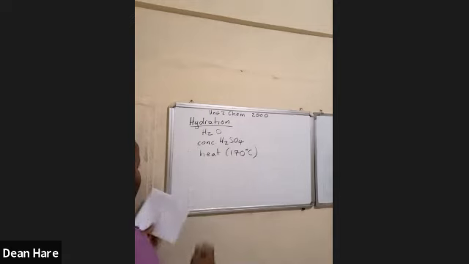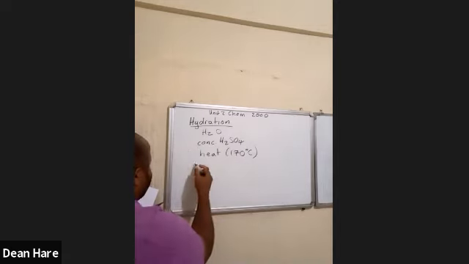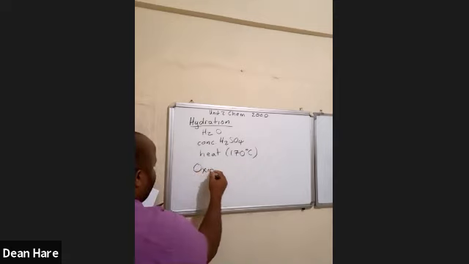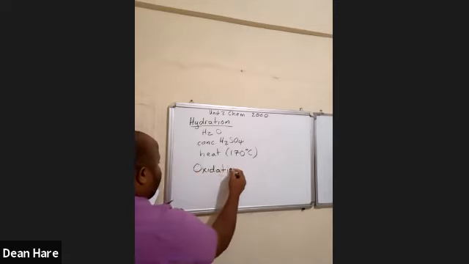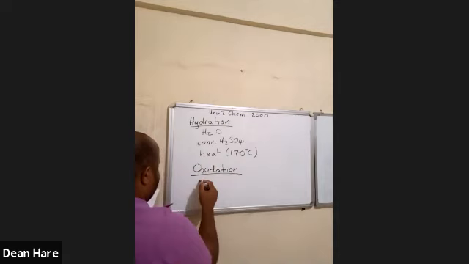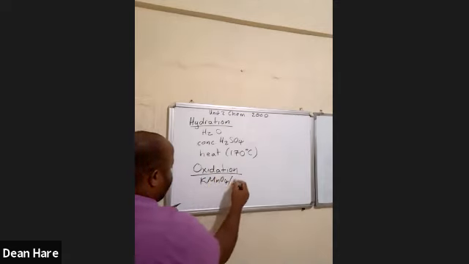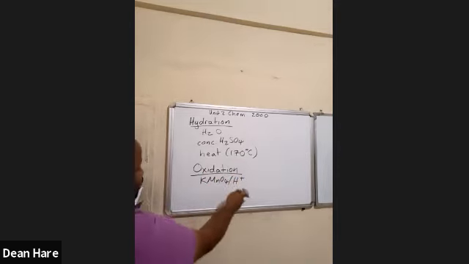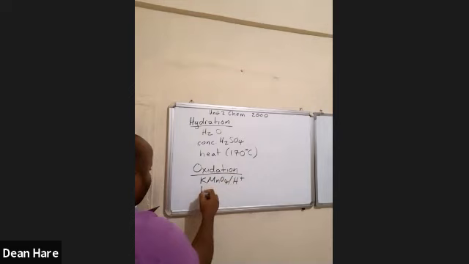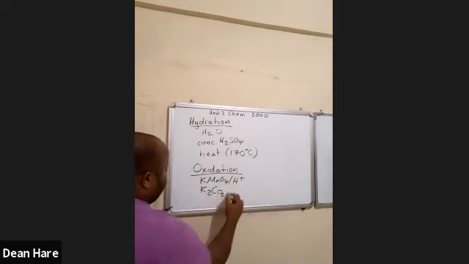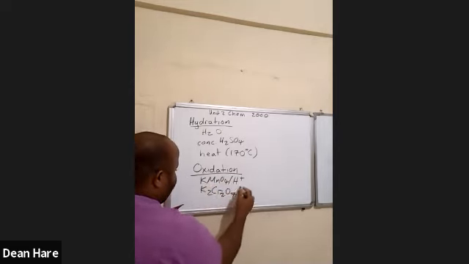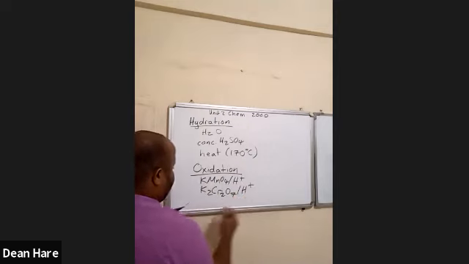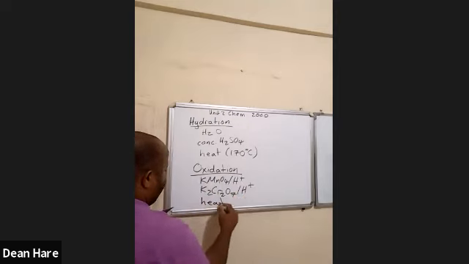And to oxidize alcohols, you can use KMnO4, that's potassium permanganate, acidified, H plus means acidified. Or you can use acidified potassium dichromate. And of course, you will apply heat.